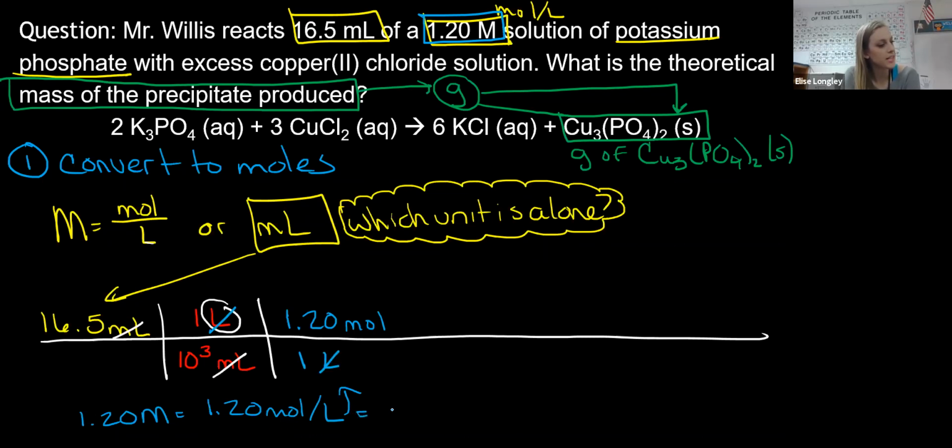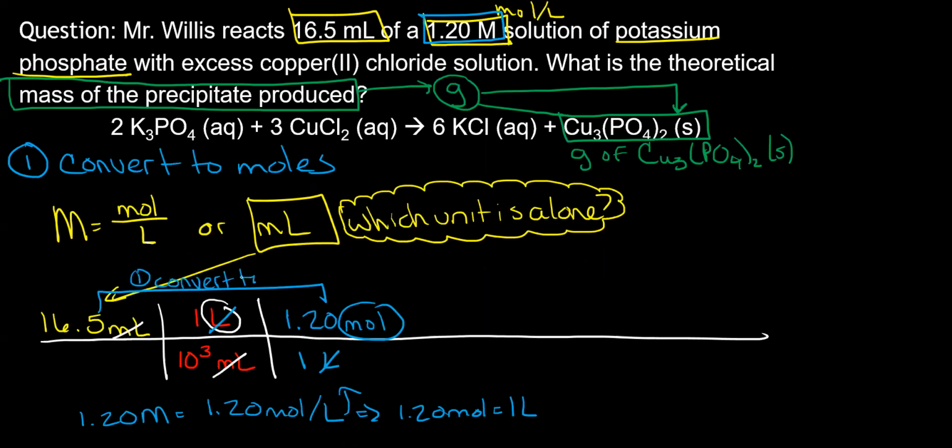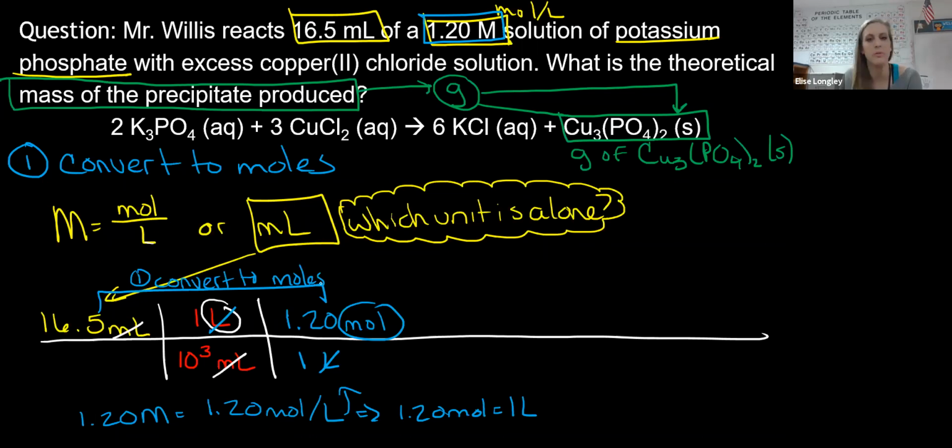This is the same as saying 1.20 moles is equal to 1 liter, right? So this is how those units break out. So now we have moles. All we did was our step 1 of convert to moles, it just took more than 1 step, but that's still all we were doing. We were doing whatever we had to with what we were given to get to moles. Does everybody understand that? Yes, no, maybe so, I don't know.